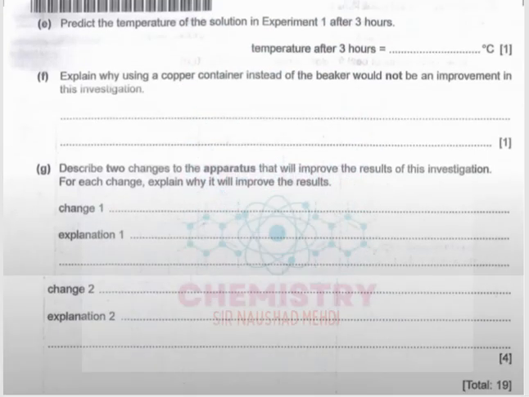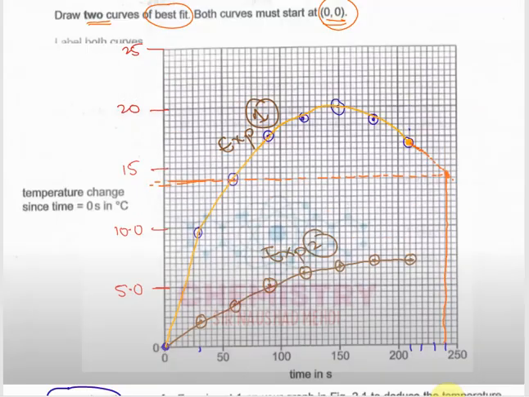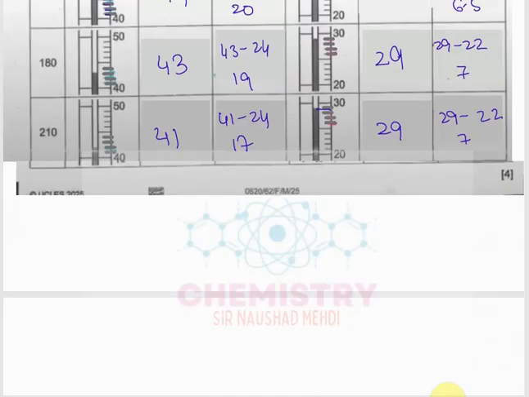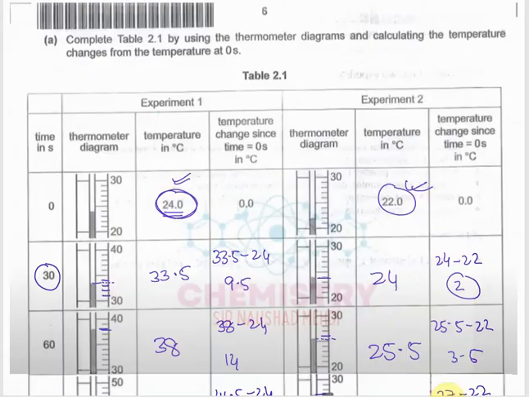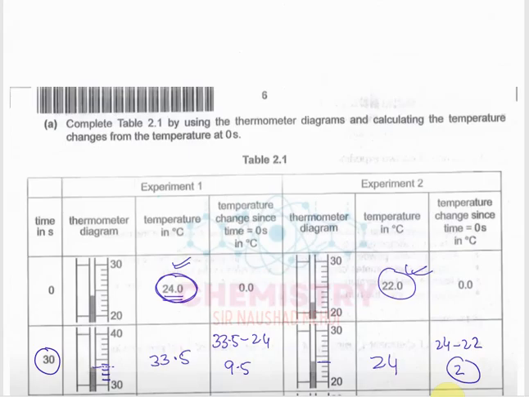Okay, alright. Now predict the temperature change of the solution in experiment number 1 after 3 hours. So they are asking us to predict the temperature after 3 hours. Initially the experiment was at about 210 seconds.